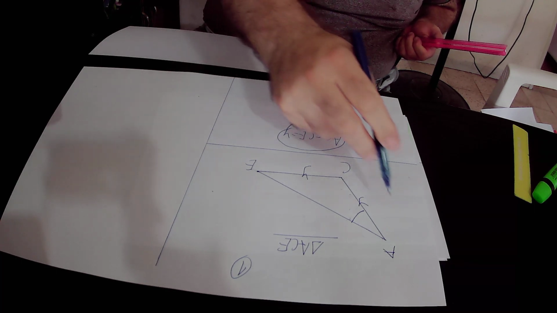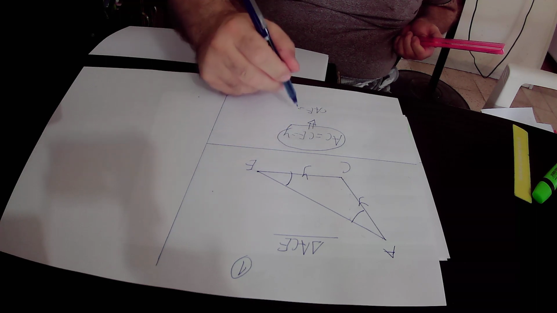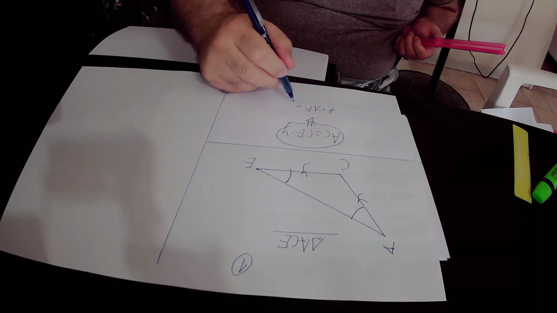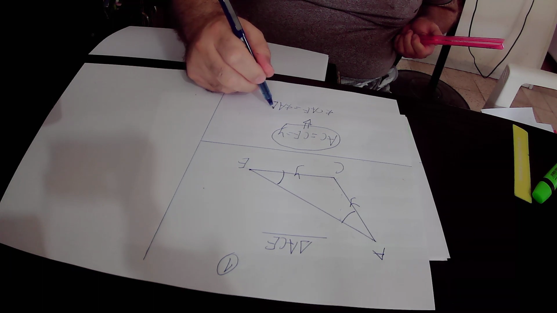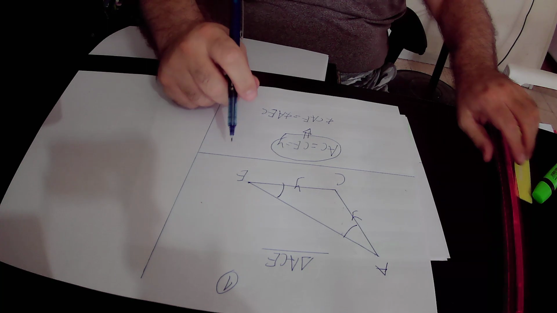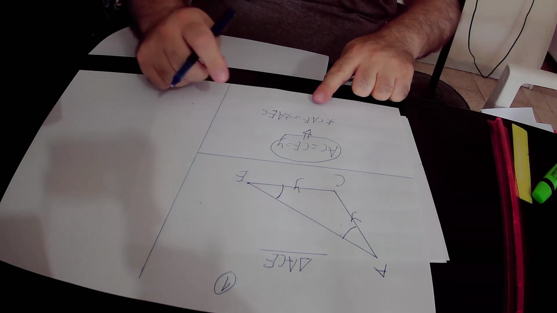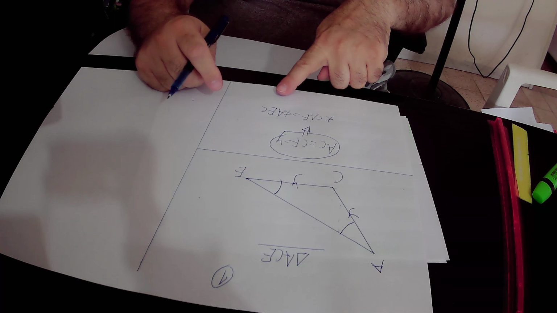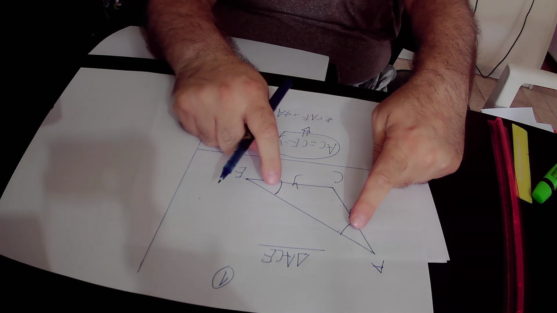In front of this side, side AC, we have this angle, it is actually angle AEC. According to the rule that I mentioned, those two angles must be equal to each other.